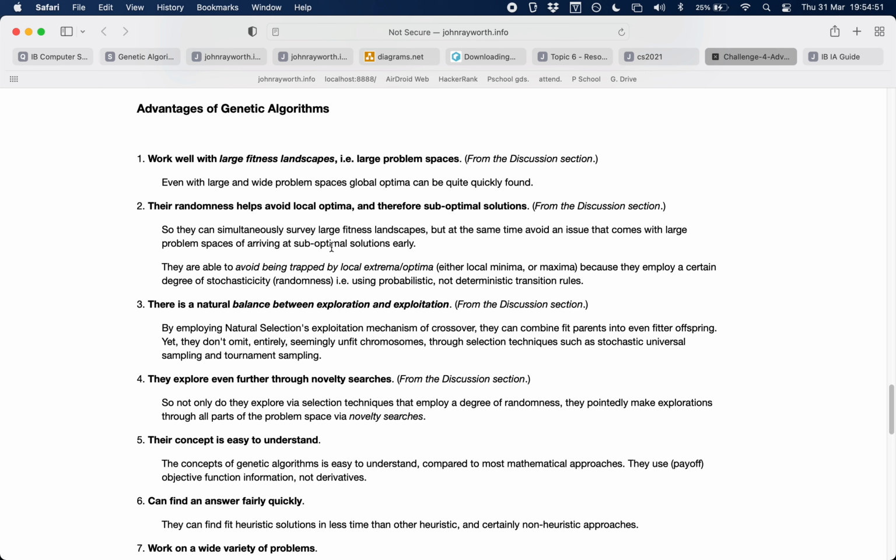Randomness is achieved through various things that we've talked about: stochastic universal sampling, for example, and this whole idea of exploration and novelty searches. Whatever else is said here, the fact of the matter is that we do use randomness, and that randomness helps avoid coming to an early suboptimal solution.